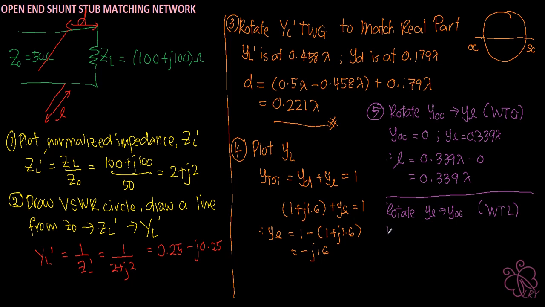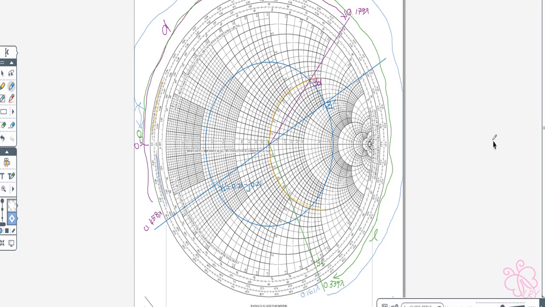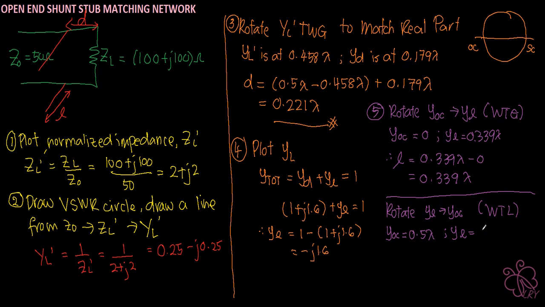Y open circuit now is not 0 but 0.5 lambda, and our YL is not 0.339, it is 0.161 lambda. So our L equals 0.5 lambda minus 0.161 lambda.